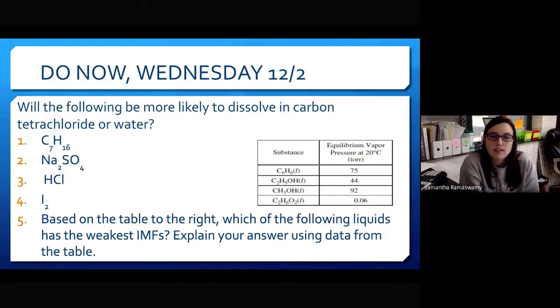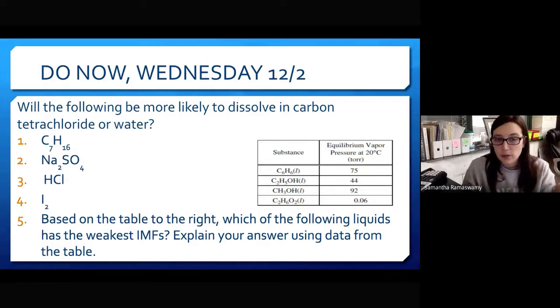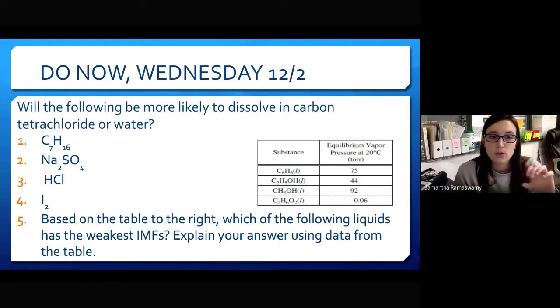Okay, so if we look at the do now, again, when you're looking at creating solutions and you're looking at the solute versus the solvent, solubility is based on essentially the interactions between the solute and the solvent. For number 1, you have C7H16.